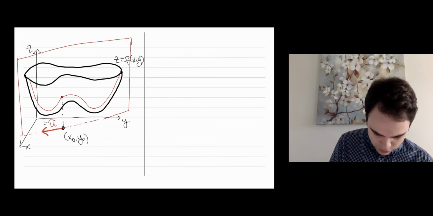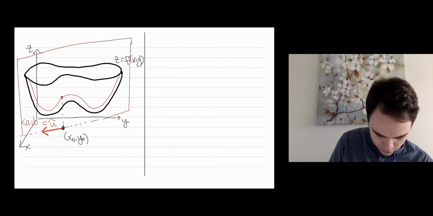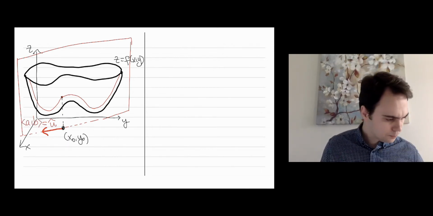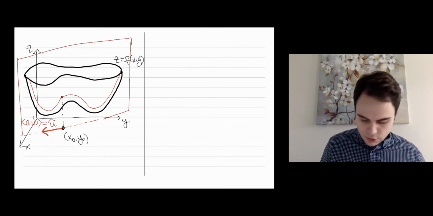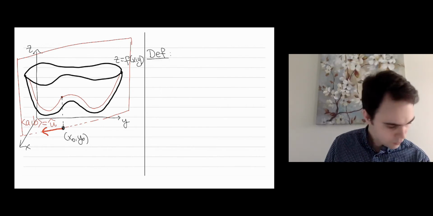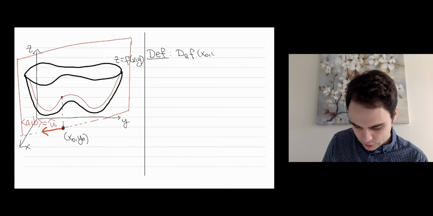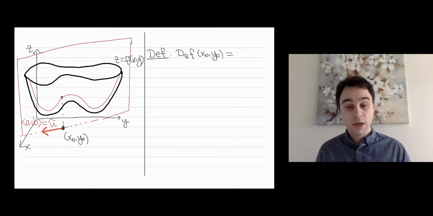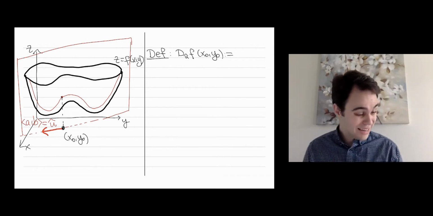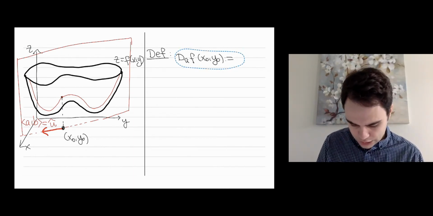So now let me define that derivative. Let me introduce some names to things. Let's say that a and b are the coordinates of u. So, definition of directional derivative: the derivative of f in the direction of u at the point x0, y0. That's a new name, a new thing. This is, by definition, a derivative of an old sort that we already know.